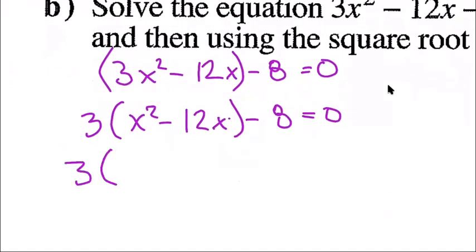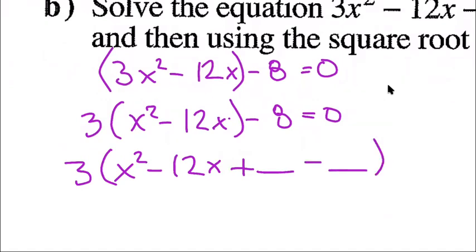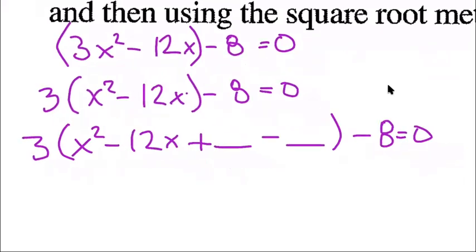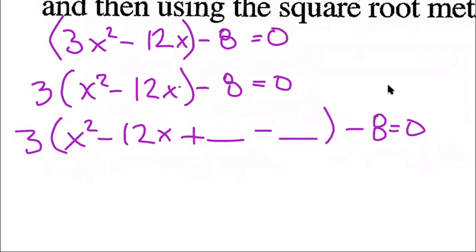I want to add or subtract something. Minus 4x plus something minus something, bracket, minus 8 equals 0. I want to add and subtract something. Oh, that's not 12, that should be 4 divided by 3. I'm going to divide this by 2.